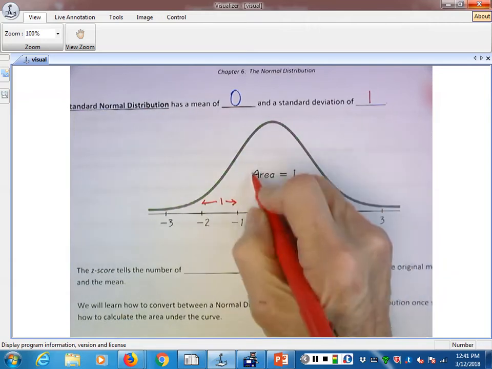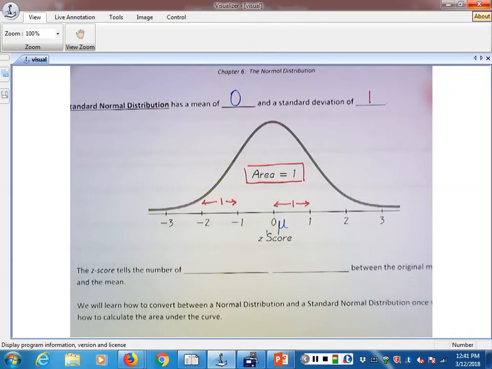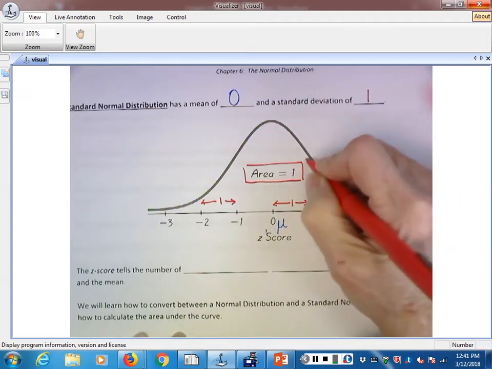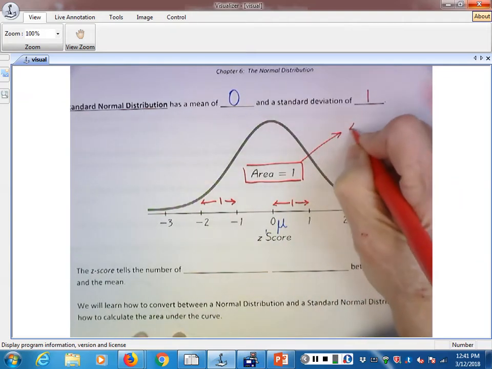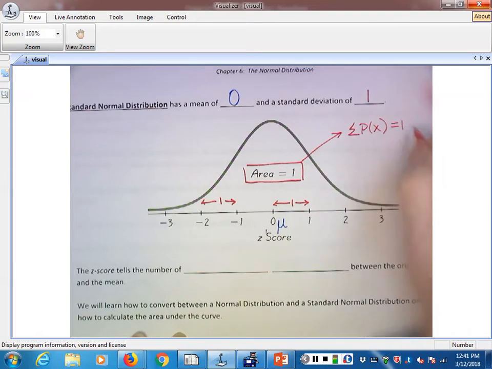And of course the total area under the curve we know is 1 because that's probability. And the sum of all the probabilities should be 1 or 100%. That's from chapter 4.